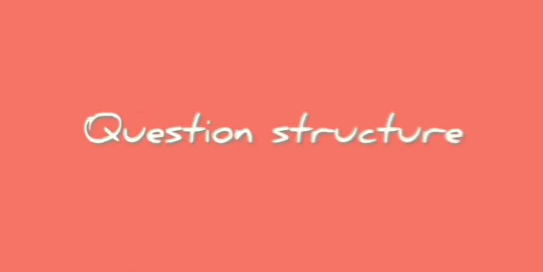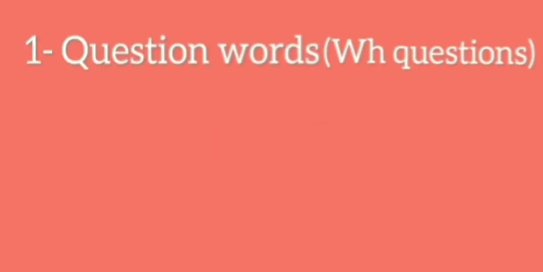First of all, let's review question structure in English. The good news is that English questions are easy to follow because they have clear structure. There are 4 main parts that you need to keep in your mind. The first part is question words.